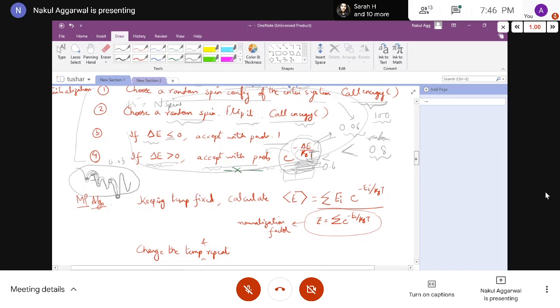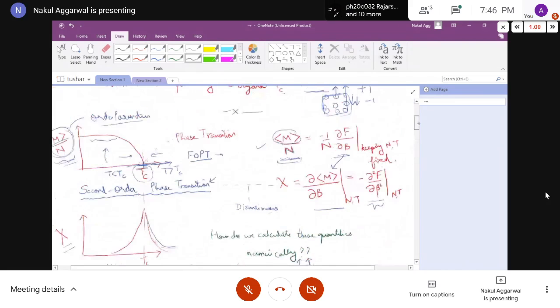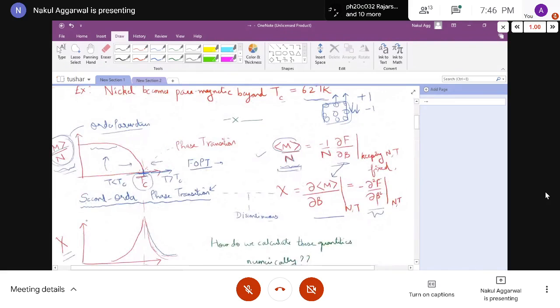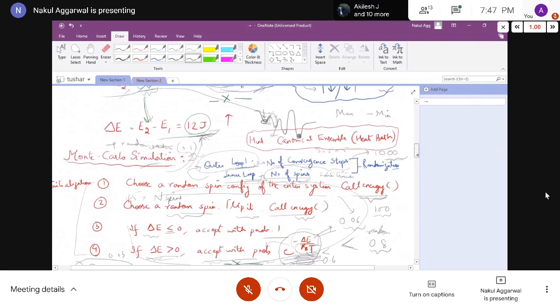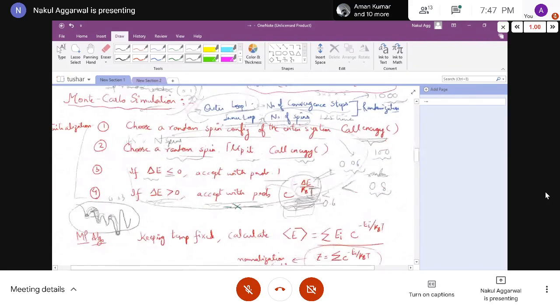But to make these plots, like we saw for magnetization per spin and magnetic susceptibility as a function of temperature, this is the Metropolis algorithm. Remember, this particular inner loop that basically covers all those lattice spins gives us one microstate when all the spins are covered.